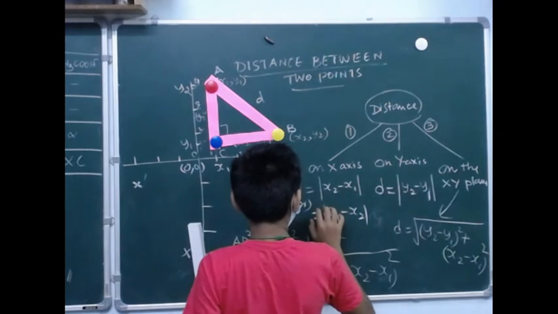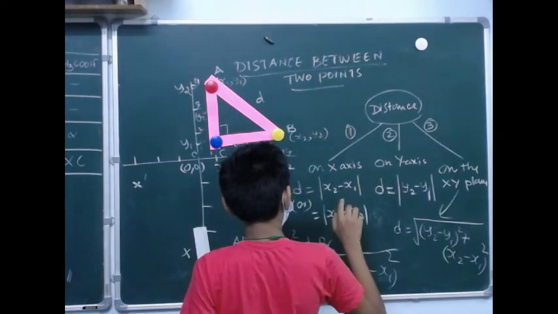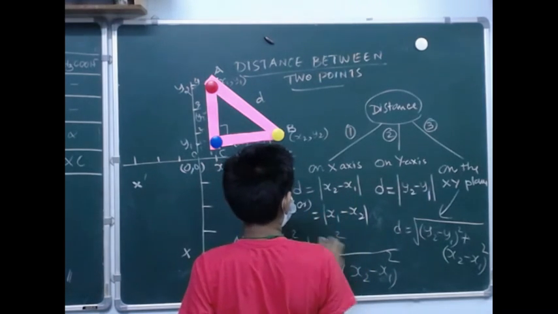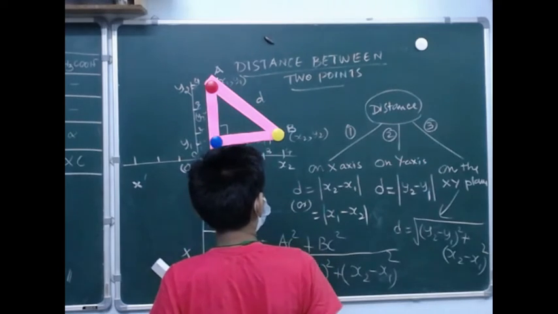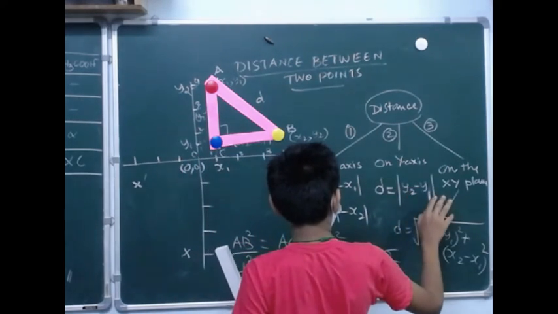D is equal to modulus of x2 minus x1 for x-axis. D is equal to y2 minus y1 for y-axis.